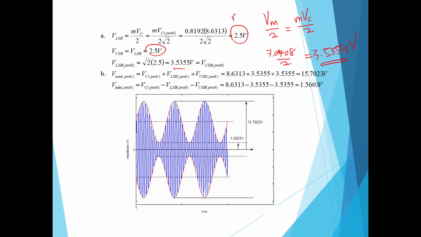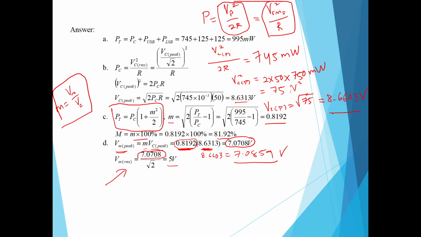If you want to find the peak value, you need to multiply it by the square root of 2, or you can directly calculate using the Vm over 2 equation or MVC over 2 equation, where for this one we need to use the peak of the carrier voltage. So the answer is this one, the peak value.